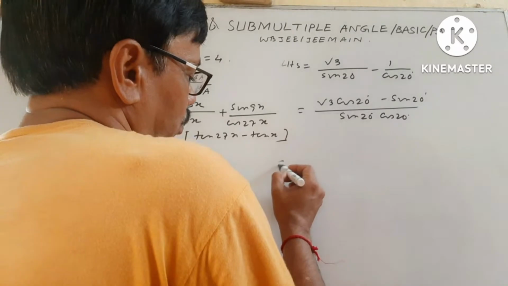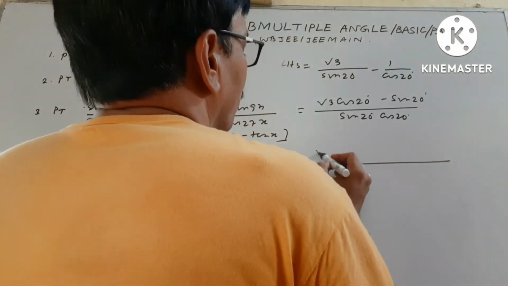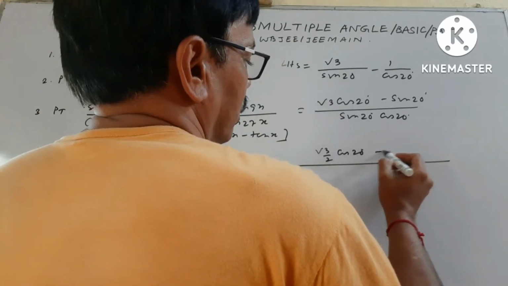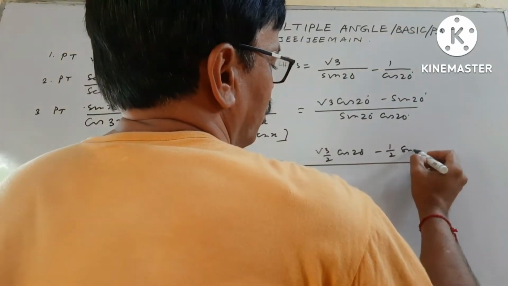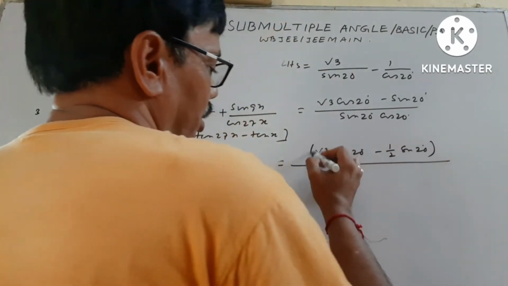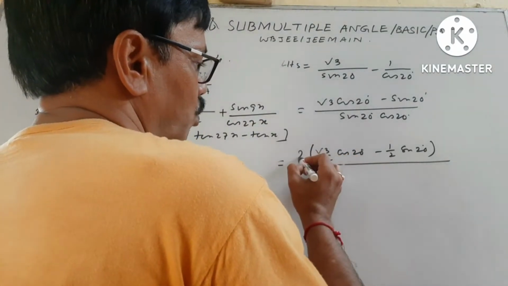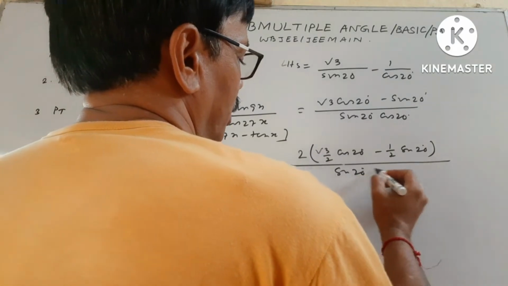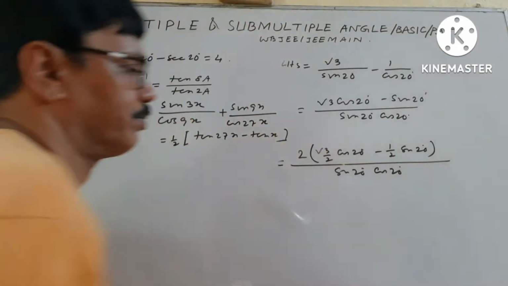So this step is to be noted: root 3 by 2 to get a well known formula. So dividing by half, to make it balance, by 2, over sin 20 cos 20.